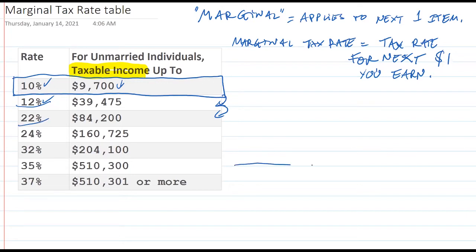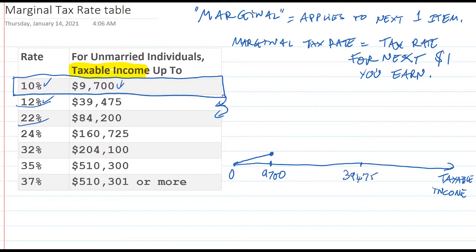So graphically, it goes like this. If this horizontal axis is your taxable income, from 0 to 9,700, you pay 10% tax. So it goes up with a 10% slope like that. From 9,700 to 39,475, every dollar you make after that is taxed at 12%, so it's a slightly higher percent.